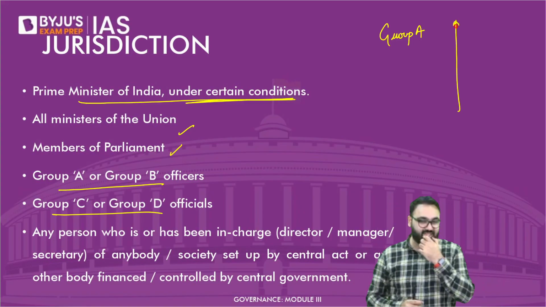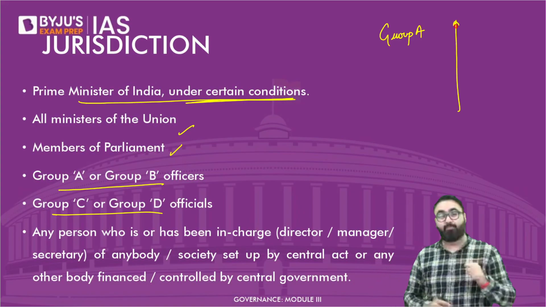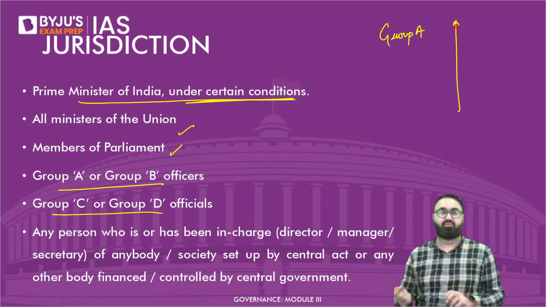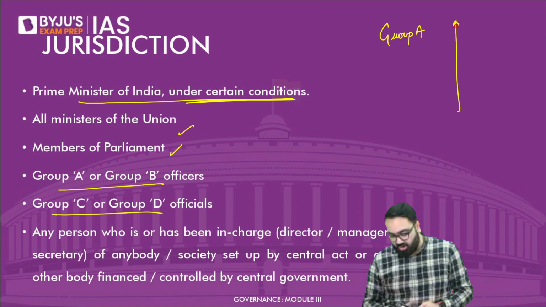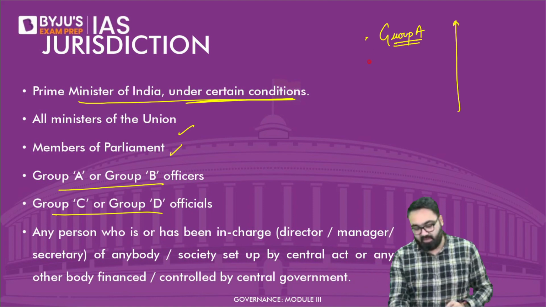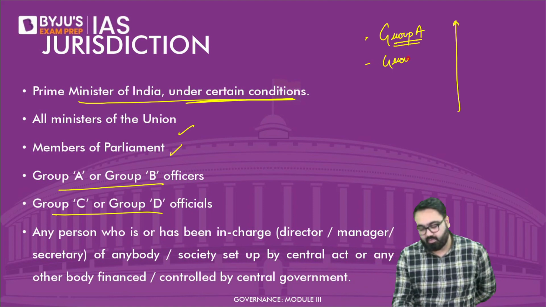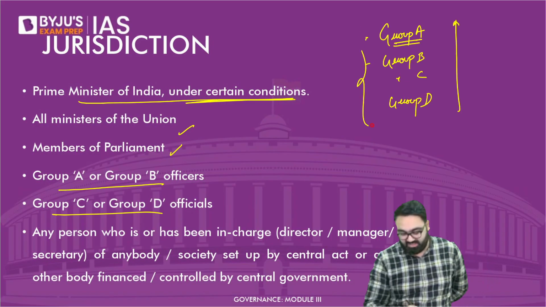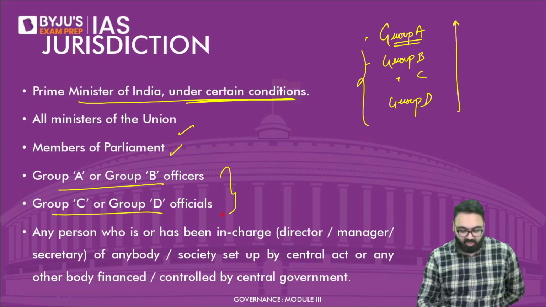You would have seen this word. You want the stamp of the gazetted officer, the sign of the gazetted officer. So Group A officers are gazetted officers basically. Then we have Group B, slightly lower. Then we have Group C, Group D, etc. So Group A, B, C, D officers are all covered under the Lokpal.